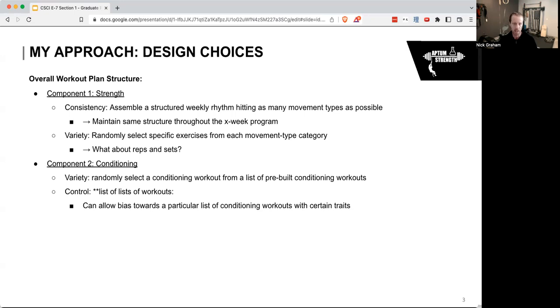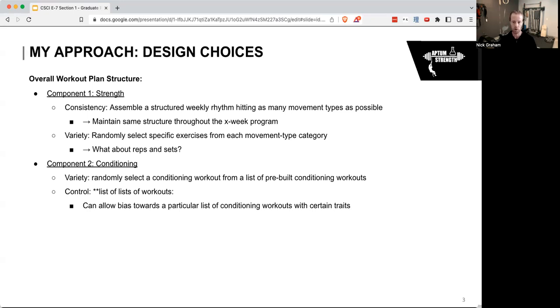Then for conditioning variety, that could be just randomly selecting a conditioning workout from a list of pre-built conditioning workouts. And I decided to implement a little bit of control by allowing essentially a list of lists, so nested lists of workouts. So in other words, you could have a list of running workouts, a list of biking workouts, a list of kind of muscular endurance workouts that involve push-ups and squats and pull-ups and things of that nature.